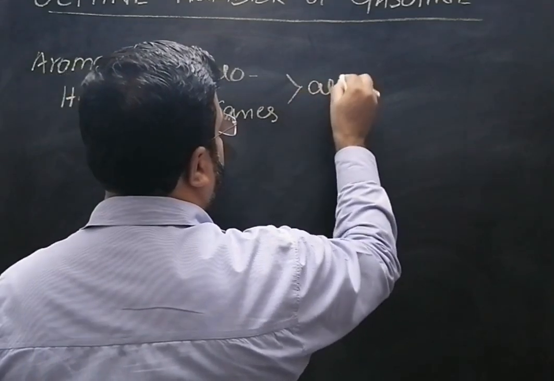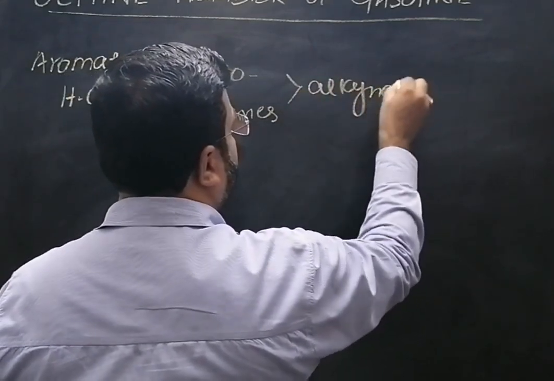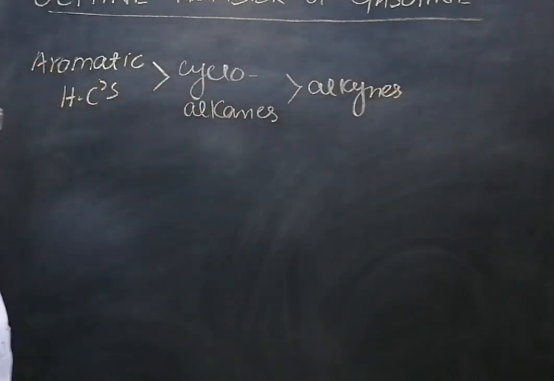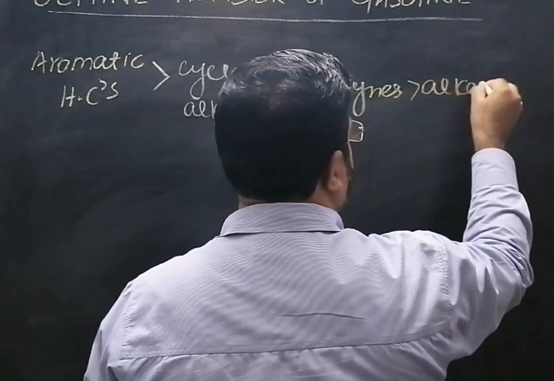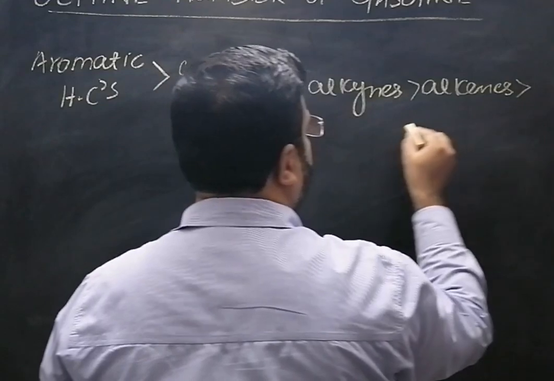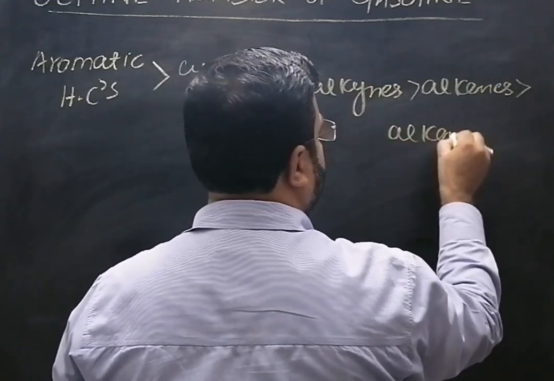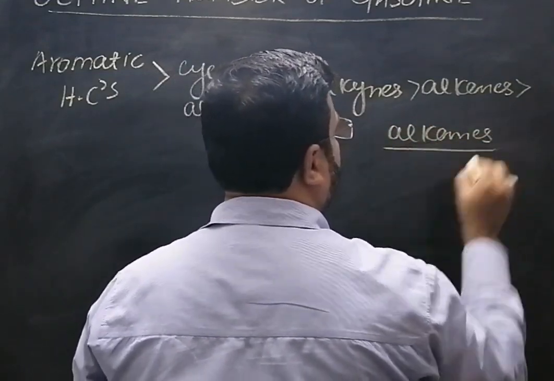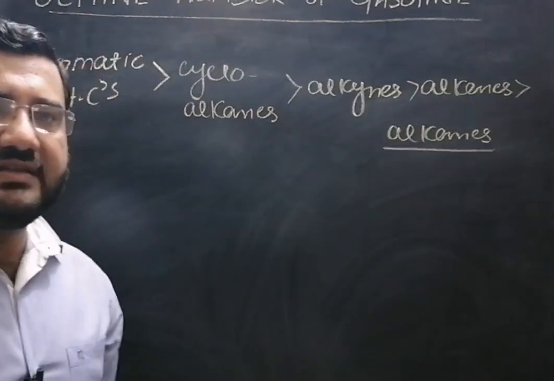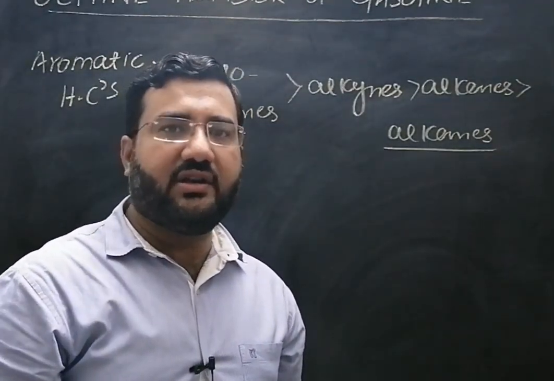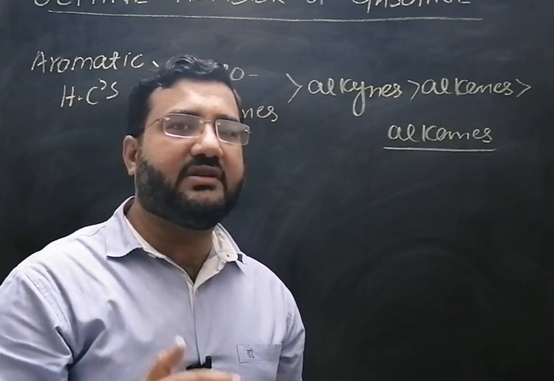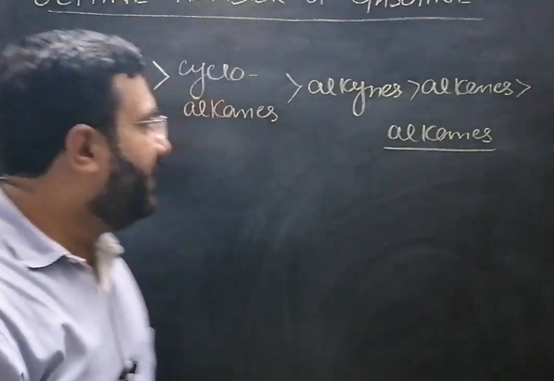Then among aliphatic hydrocarbons, alkynes have maximum octane number, then alkenes, and finally alkanes have minimum octane number and they have maximum tendency to cause knocking in the engine, or they have minimum tendency to resist knocking.